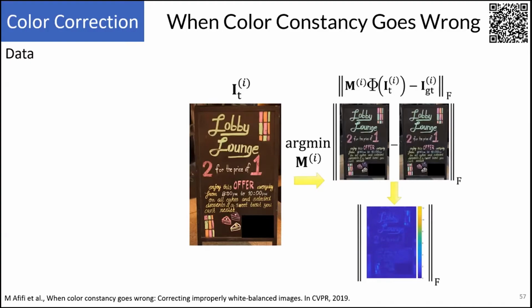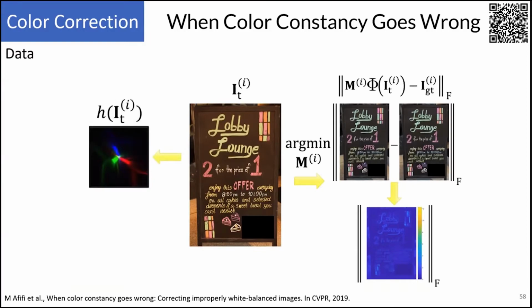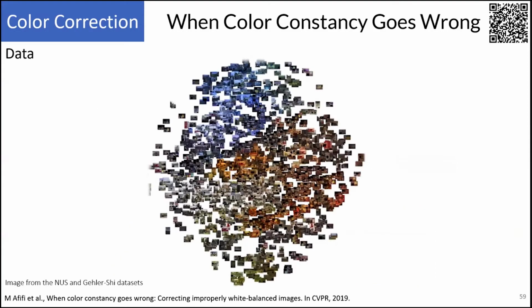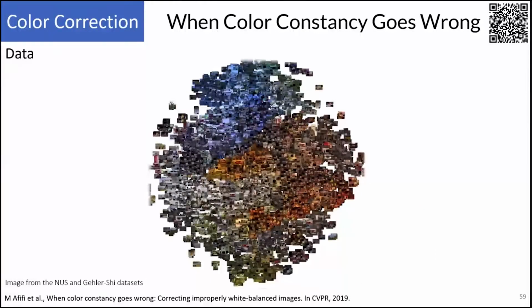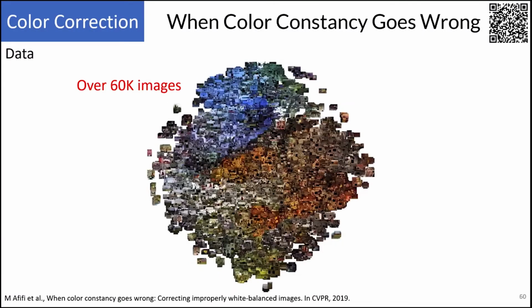Also, instead of just relying on the spatial or semantic information in the image, we followed the same idea of using a histogram feature, and this histogram feature is projected using PCA projection. We did that for many images, and that gives us our dataset that includes 60K images.